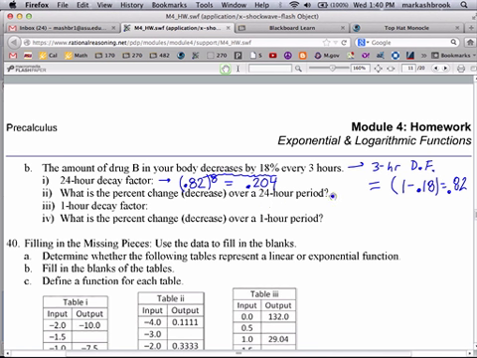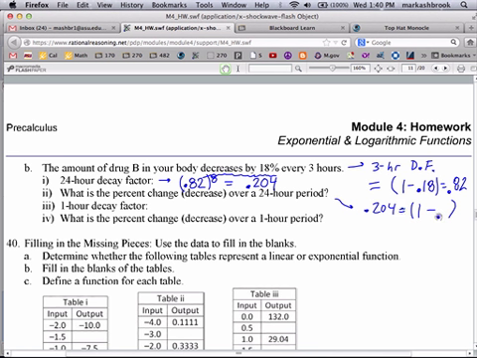20.4%. Is that right? Careful, this is decay. What does the 0.204 mean? That's what you keep. Decay factors are the portion that you keep. So if you want the percent decrease, we got to rewrite that decay factor as 1 minus how much we lose.